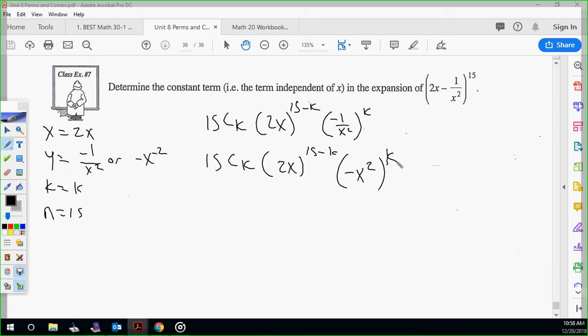We could write this in so, all right, let's think about this here.